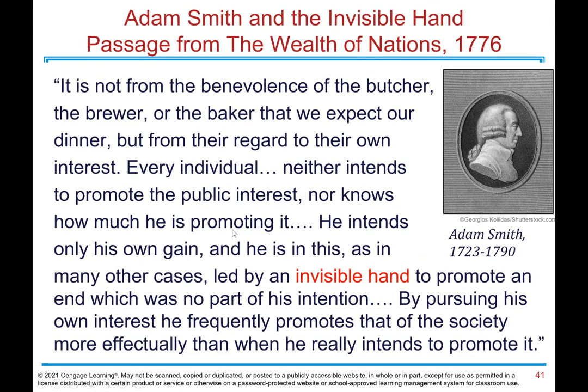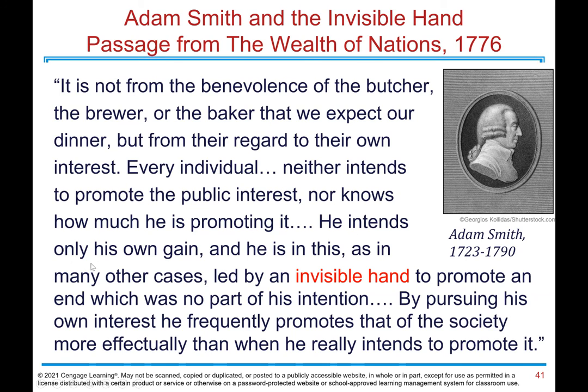Adam Smith and the invisible hand, a passage from The Wealth of Nations in 1776: It is not from the benevolence of the butcher, the brewer, or the baker that we expect our dinner, but from their regard to their own interest. Every individual neither intends to promote the public interest nor knows how much he is promoting it.